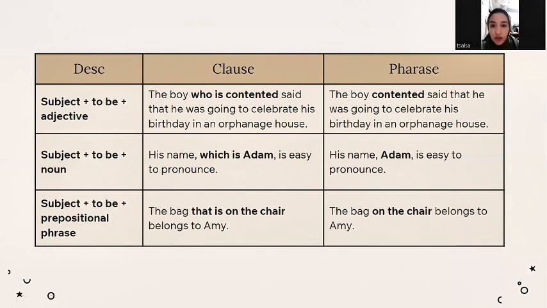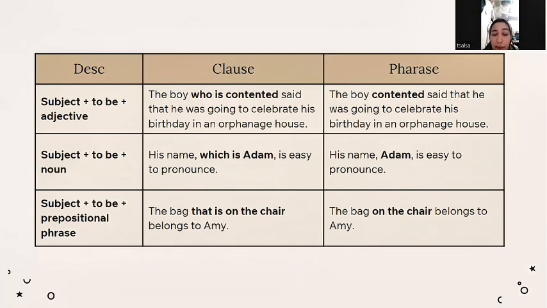Clause: The boy contented said that he was going to celebrate his birthday in an orphanage house. Subject plus to be: His name, which is Adam, is easy to pronounce.